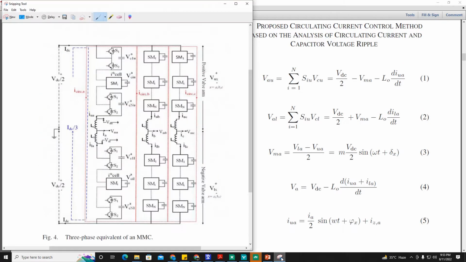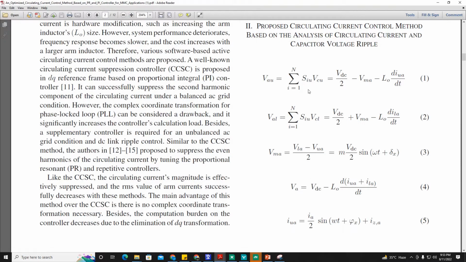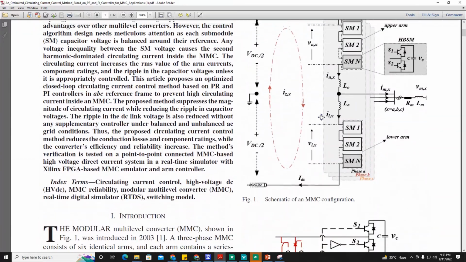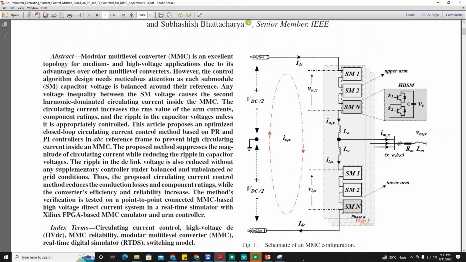So if you apply KVL, you will get this equation. If you apply KVL in this circuit, you will get that equation.